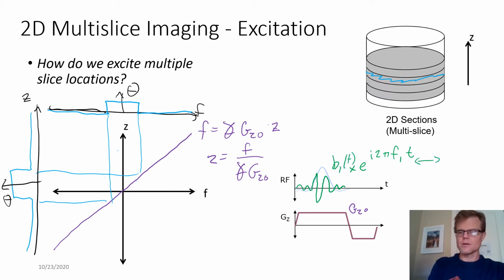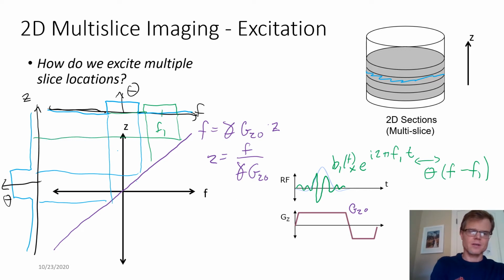So in the Fourier transform domain, this is going to lead to our flip angle profile as a function of frequency being shifted by some value f1. And this, if you recall, has the effect of shifting the frequency of the RF pulse, which is the effect of shifting our slice.